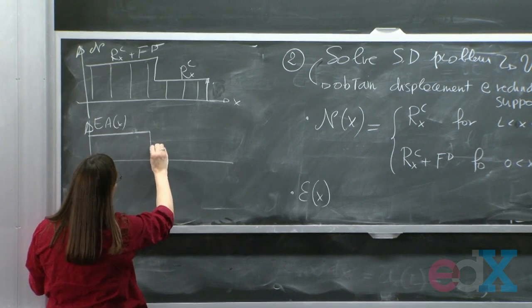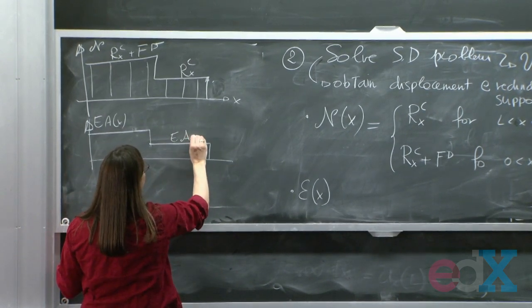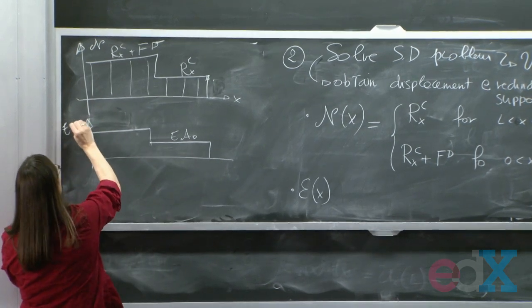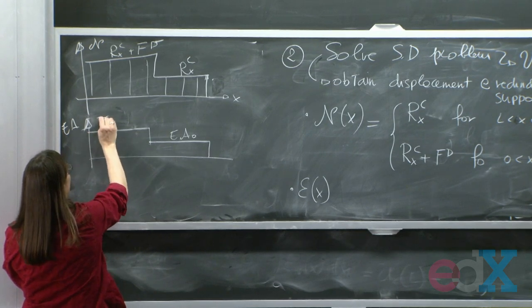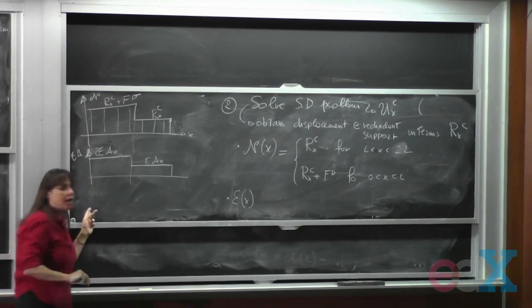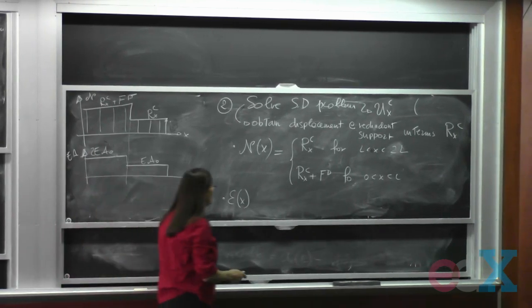It's going to be EA0 on this side. And it's going to be 2 EA0 for the other half, right?